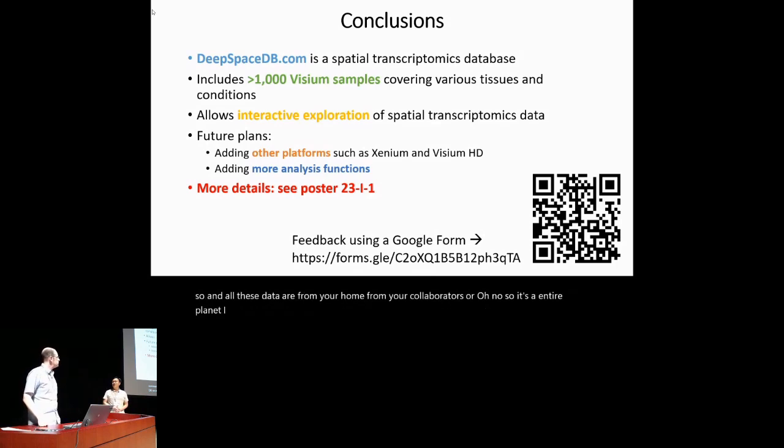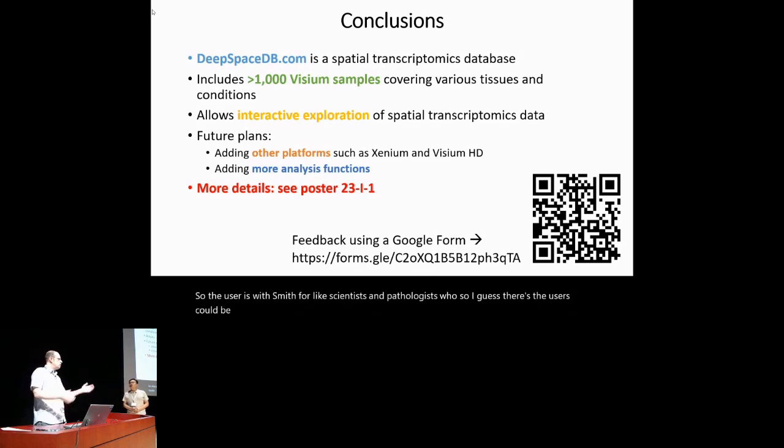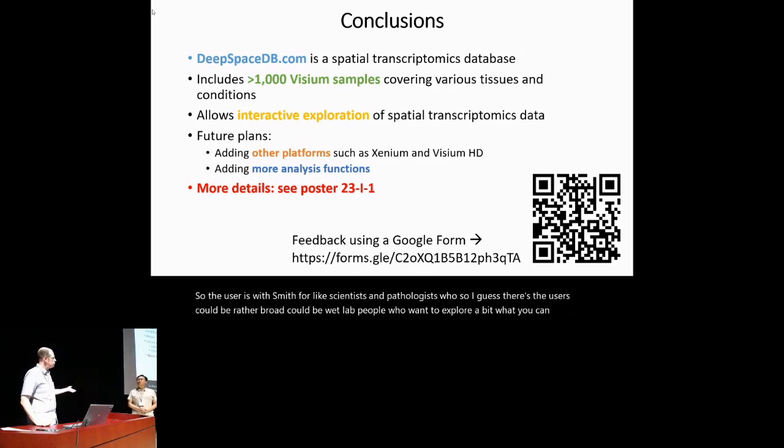I see. Okay. And so the user is meant for scientists and pathologists? I guess the users could be rather broad. Could be wet lab people who want to explore a bit what you can actually do before they decide to spend a lot of money and get their own sample.